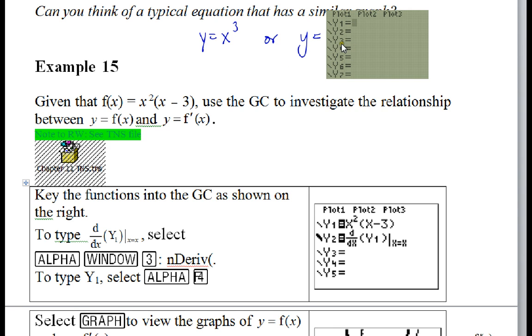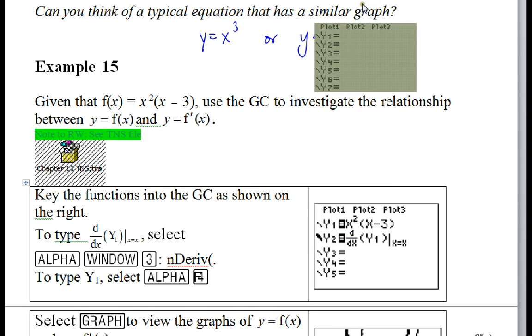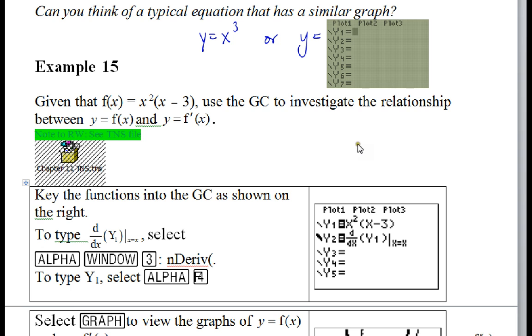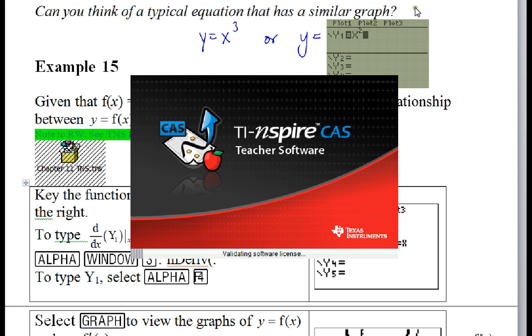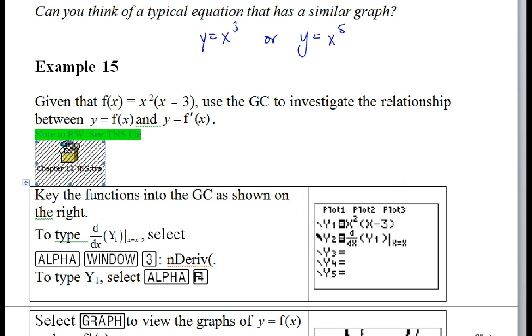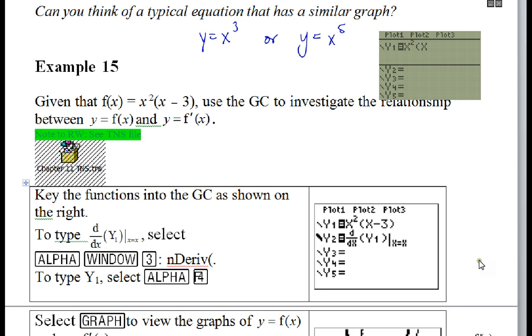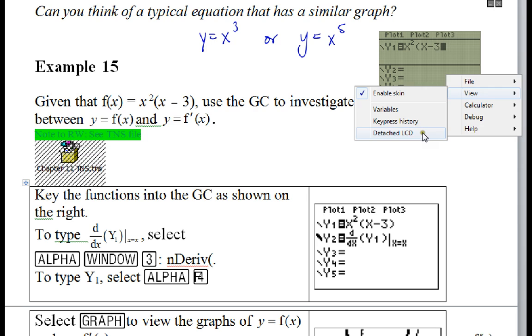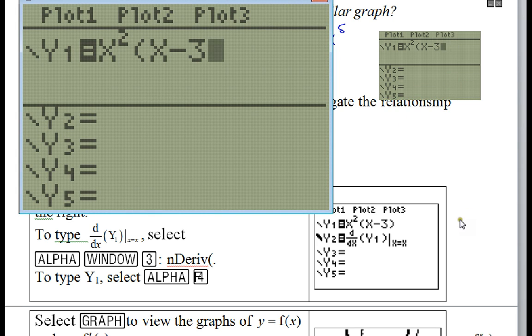We are supposed to key in the function: x squared, x minus 3. Okay, we all know how to sketch this.